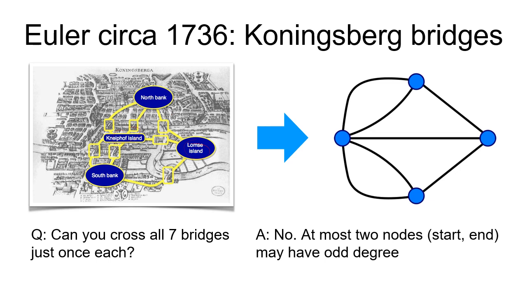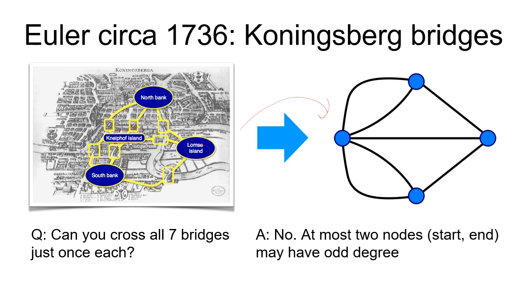To solve this problem, Euler turned this real map problem into a graph problem. He represents places, for example South Bank and North Bank, as nodes like this one, and their bridge connections are represented by links. Actually, this is the first representation of a graph for a real problem, and Euler found the answer.